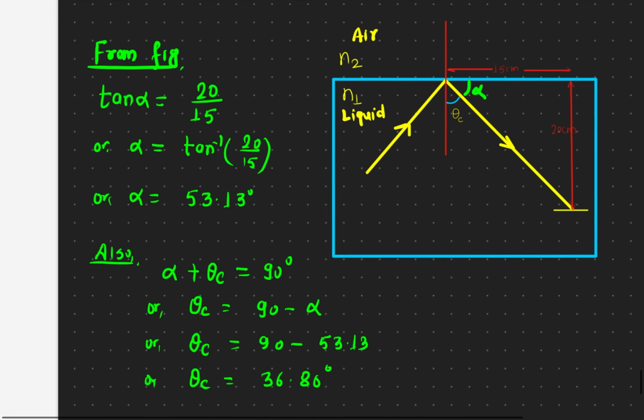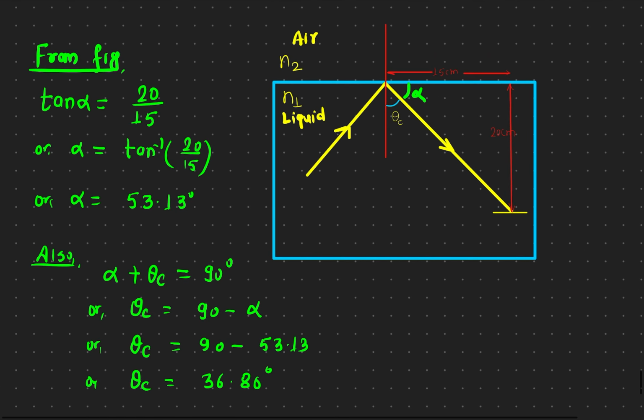In this case, we have to find out this angle here, a critical angle. In fact, this is not the critical angle. It has to be greater than the critical angle because of the total internal reflection. All I have to find out is this angle alpha.